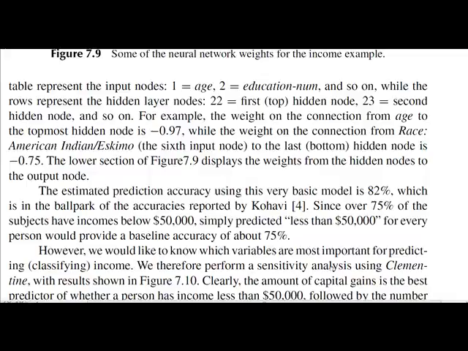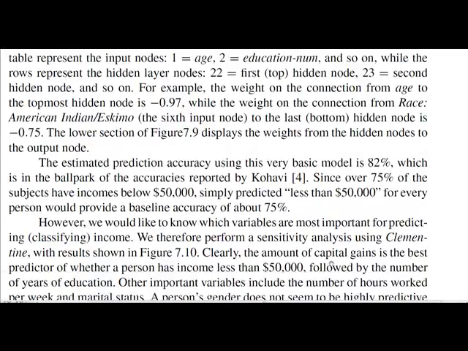They use Clementine for sensitivity analysis. I'm not sure what other software provides sensitivity analysis. I don't think Weka does, but if it does, please let us know on the website. And I believe discriminant analysis would also be another approach, and you can try that on this problem.